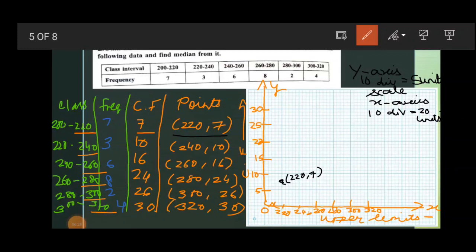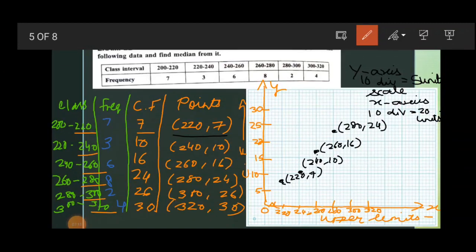Next point is 240, 10. This point is 240, 10. Next is 260, 16. This point is 260, 16. Next is 280, 24. This point is 280, 24.